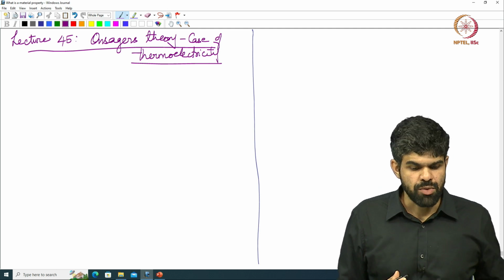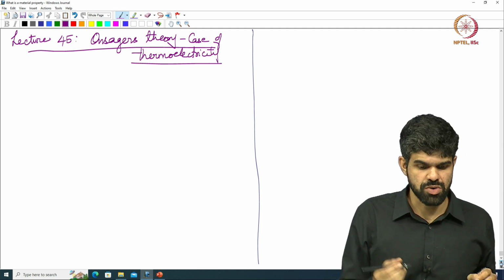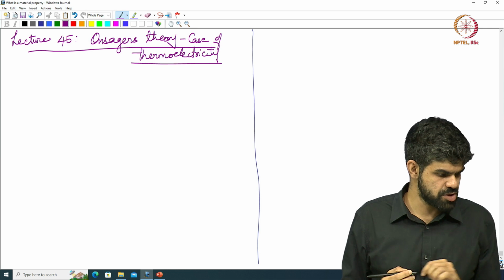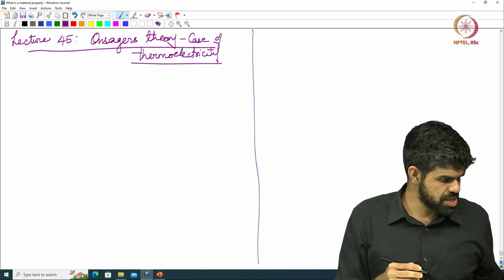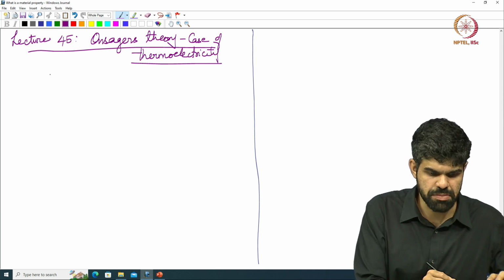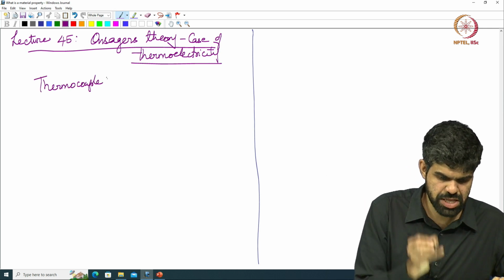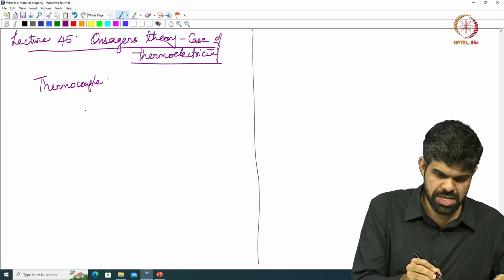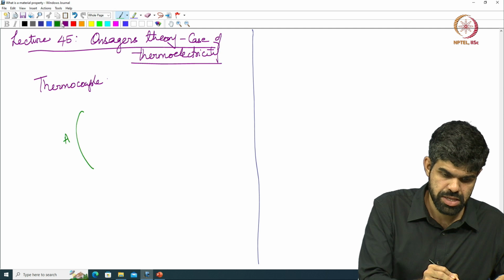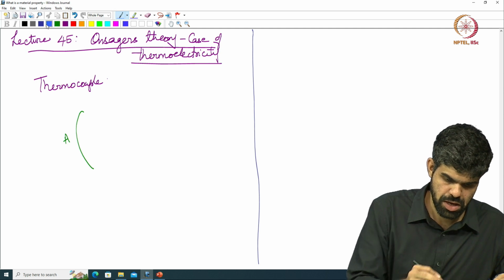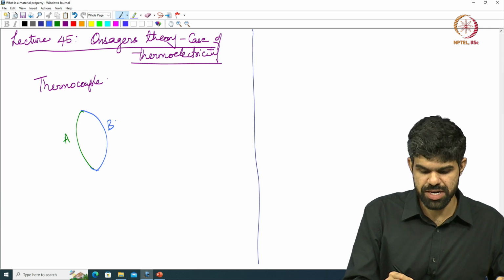Now let us look at another example, and this is one of the more crucial examples: the case of thermoelectricity. Let us start with a thermocouple. What is a thermocouple? A thermocouple is a set of two wires. This is wire A, this is wire B. Both of them are metallic wires.